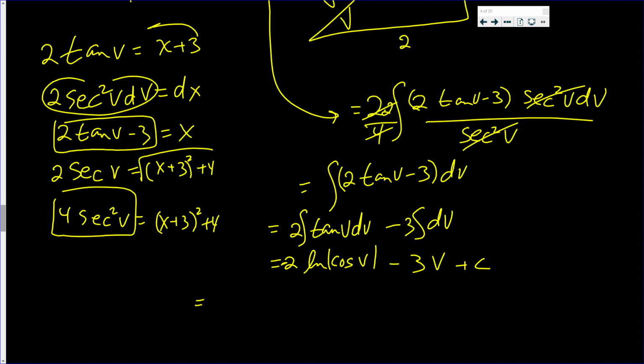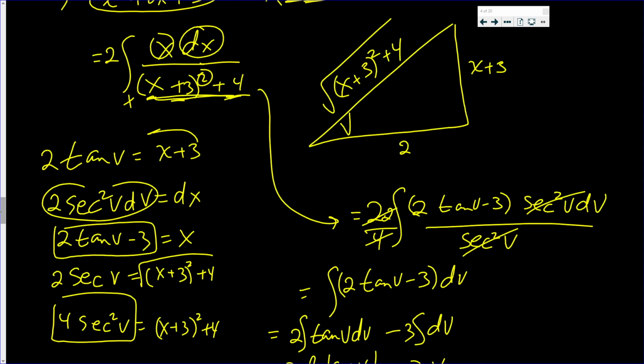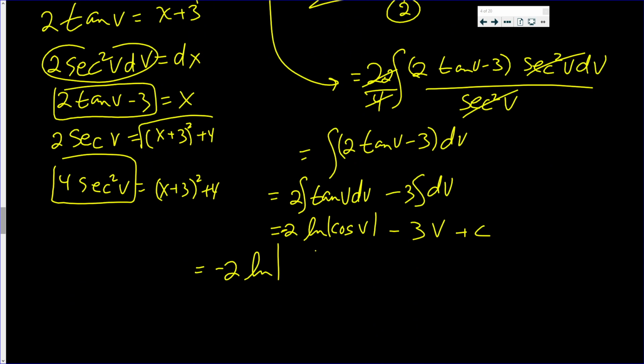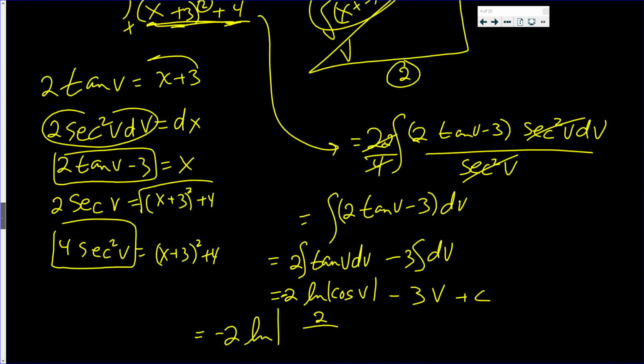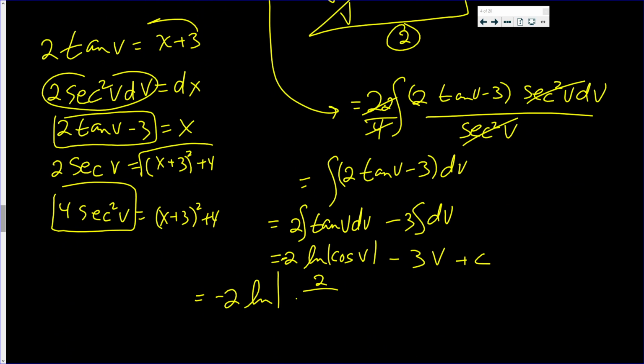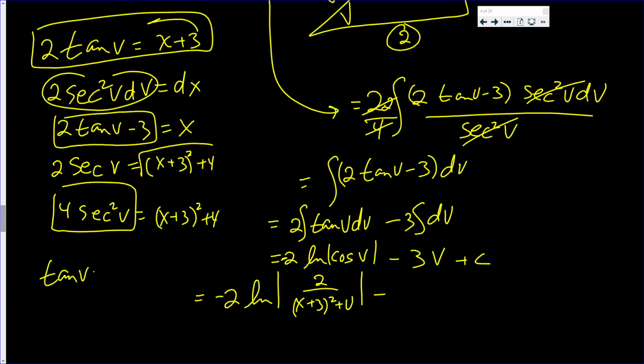Okay, so this is equal to negative 2 ln of cosine of v. Well, cosine of v is adjacent over hypotenuse. It is 2 over the square root of x plus 3 squared plus 4, minus 3v. Well, we know from that equation that tangent of v is x plus 3 over 2.